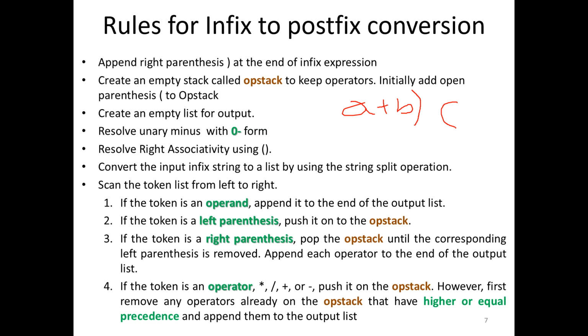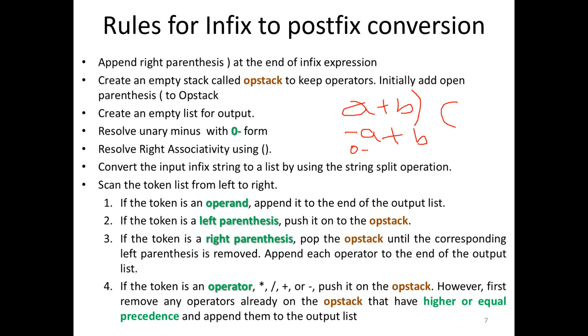If at all any unary symbol is present in the expression, you have to resolve that manually before conversion. For example, if my expression is a plus b, where this a has got unary minus, you convert this to the 0 minus form.